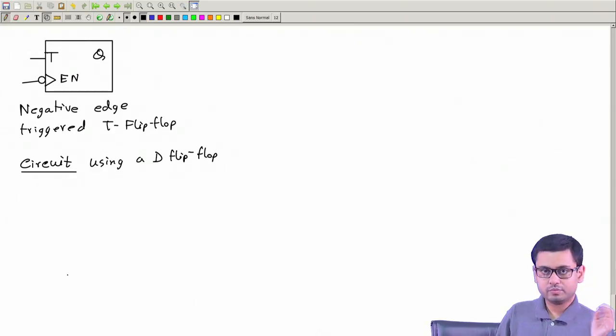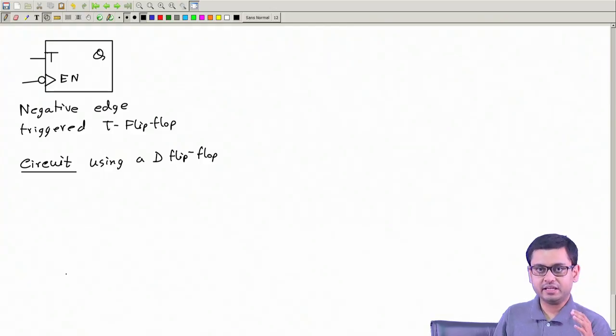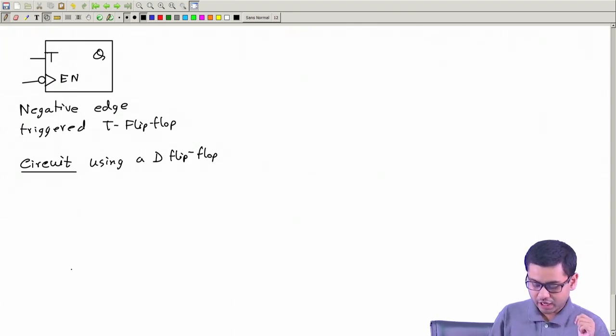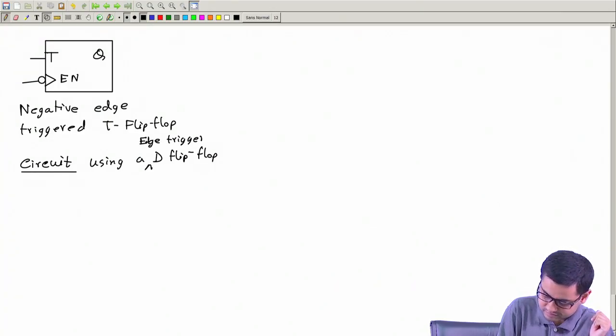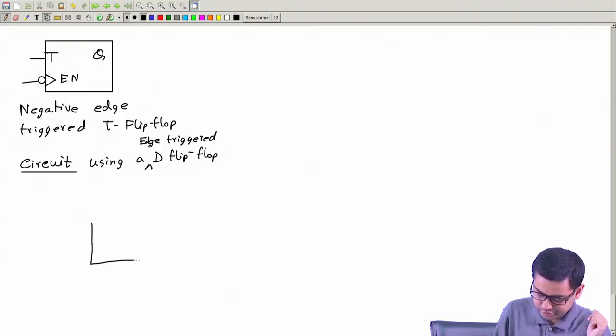If you recall, we first studied SR flip flop. Then with SR flip flop we made a D flip flop. Then with D flip flop we made an edge triggered D flip flop. And now we'll make an edge triggered T flip flop using an edge triggered D flip flop.